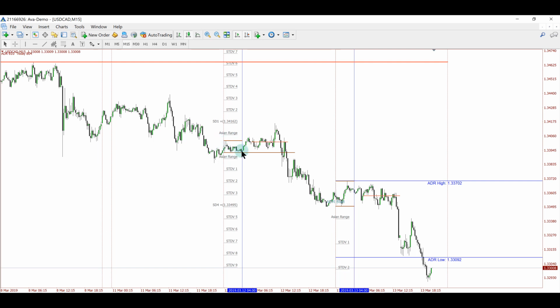So using the smoothest portion between the two, in here, Asian range, one full standard deviation up gives us 134.16. Again, forget the pipette. So 134.16. The actual high forms at 134.16.